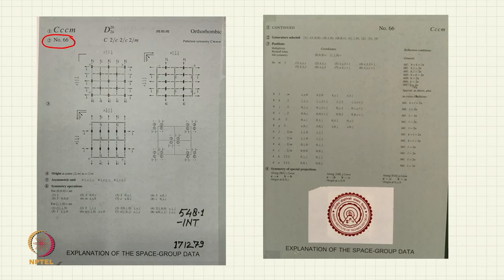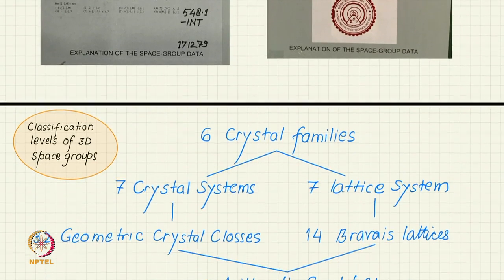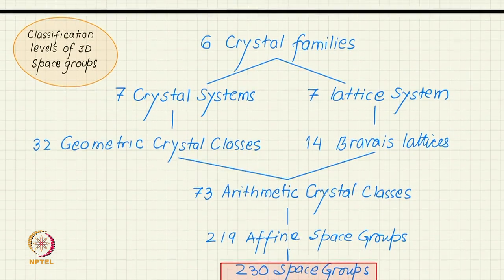All 230 space groups are numbered from 1 to 230, and this particular example shows you space group number 66. All detailed information about the space group is there in these two pages devoted to this particular space group. We will discuss these details in later videos. Let me just introduce you.